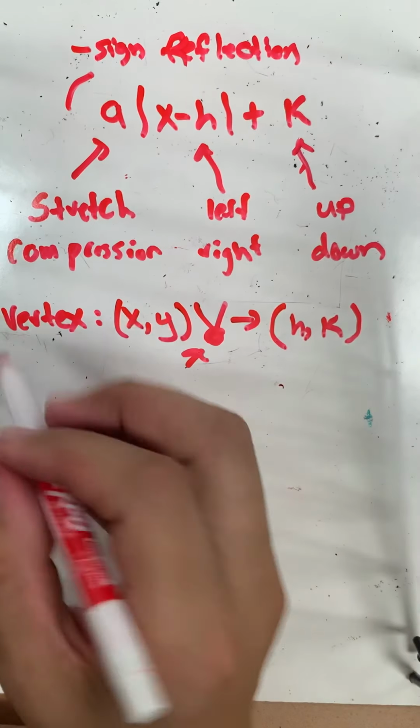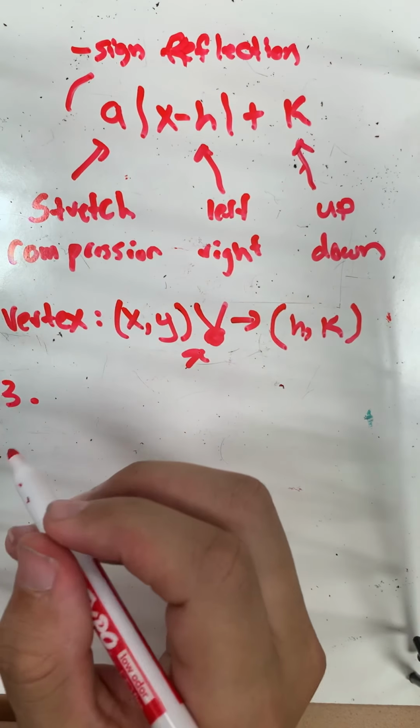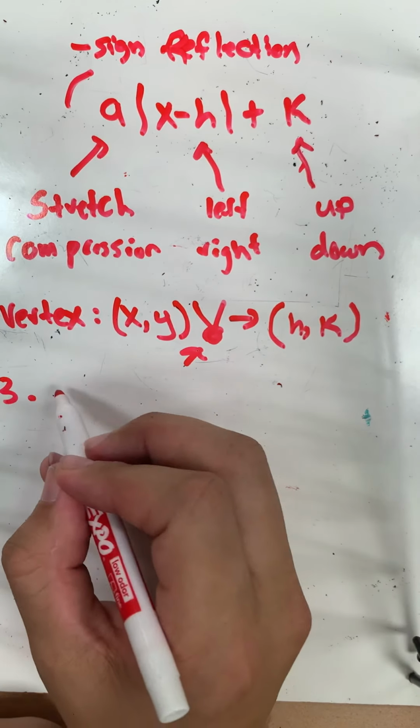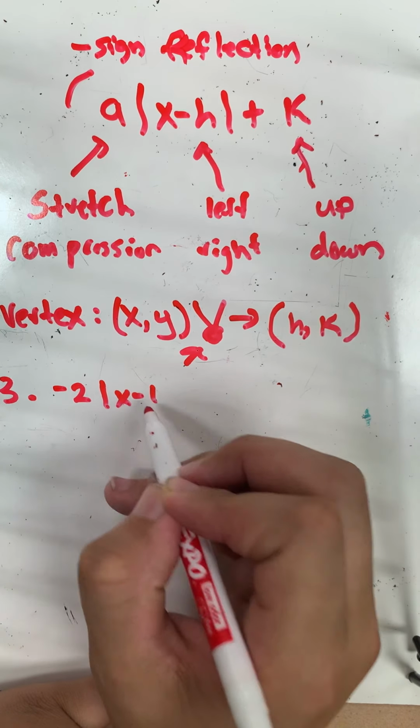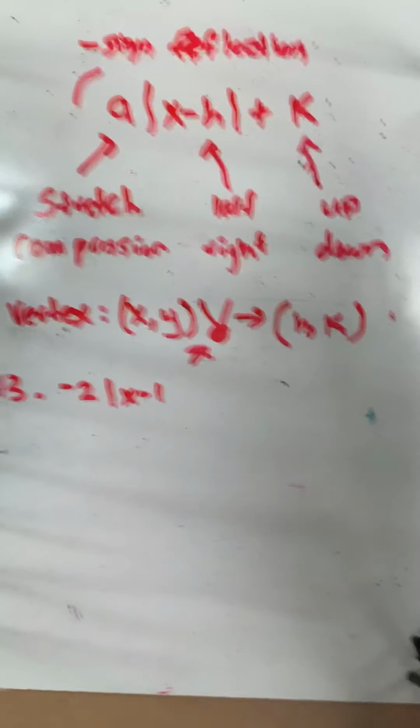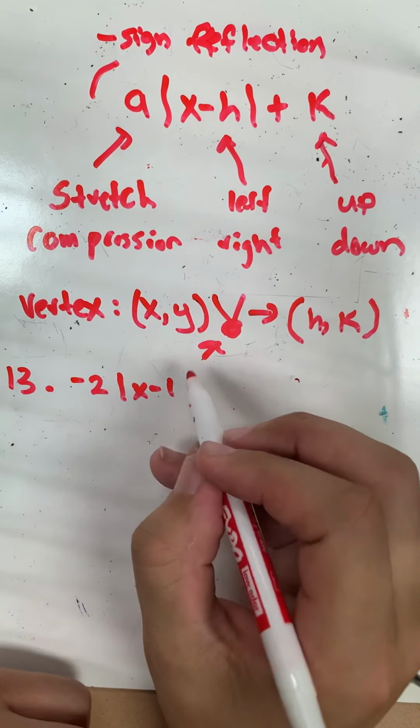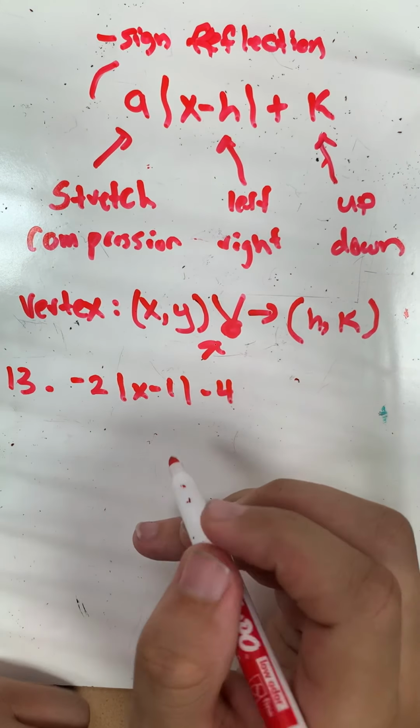So if we look at 13, we have -2 absolute value of x minus 1 minus 4.